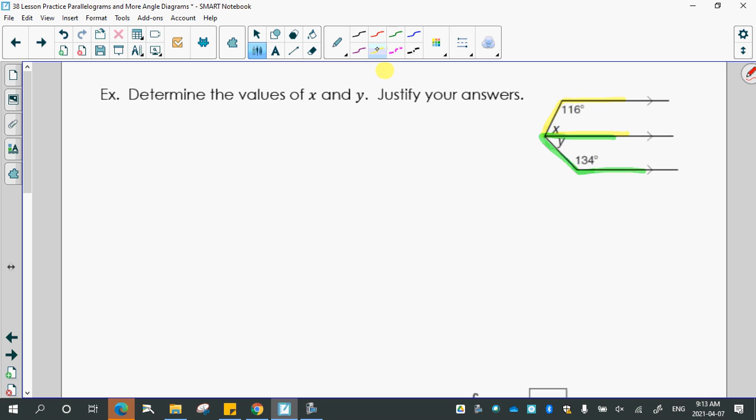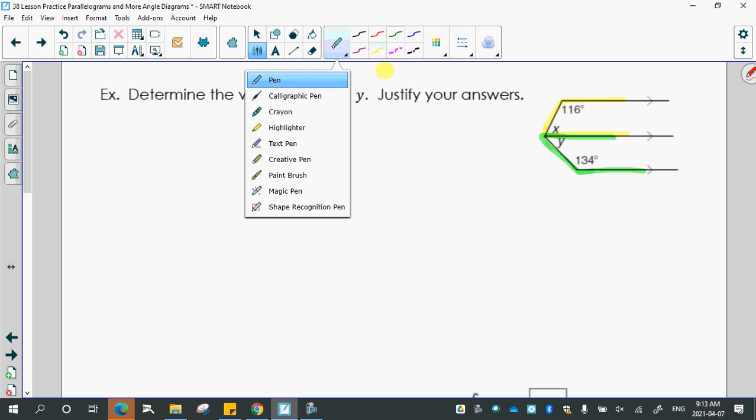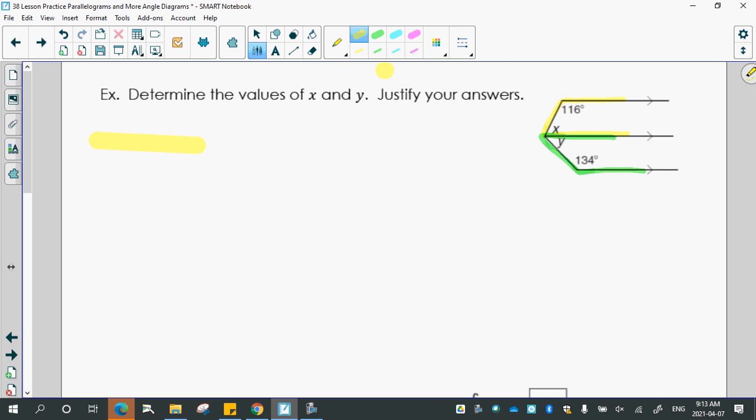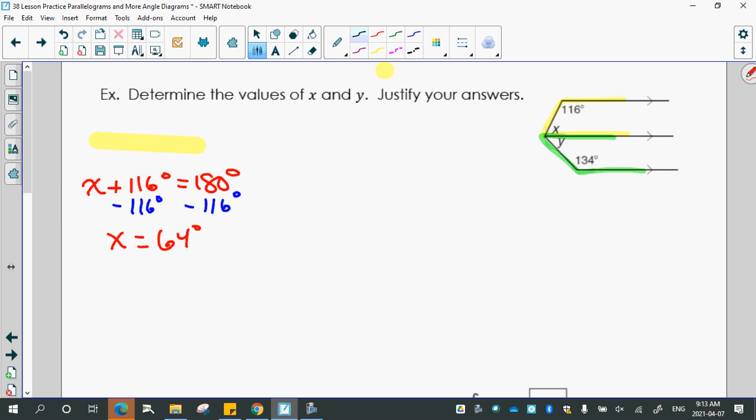So in a C pattern, the angles add up to 180. So in our first C, our yellow C, we get that x plus 116 degrees add up to 180. Remember, C pattern doesn't make equal angles. They make angles that add up to 180, or supplementary angles. So that's 64 degrees, and our rule was PLT, parallel line theorem, C pattern.